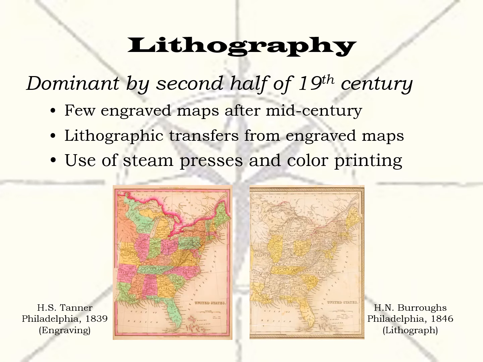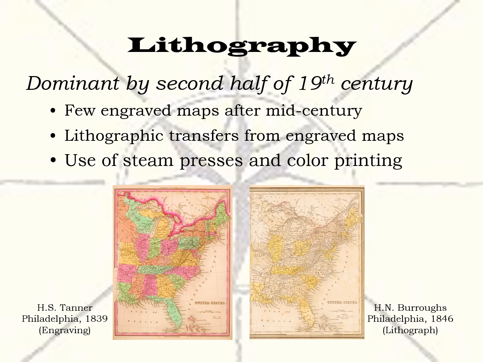Lithography became the dominant map-making process by the second half of the 19th century, used by most major map publishers. In general, there are few engraved maps after about 1850. This dominance was caused by the many advantages of lithography, which we'll look at next, and because of developments in the process which made lithography easier and more practical to use. There were new transfer techniques to get designs onto the stones, which were developed in the 1820s.